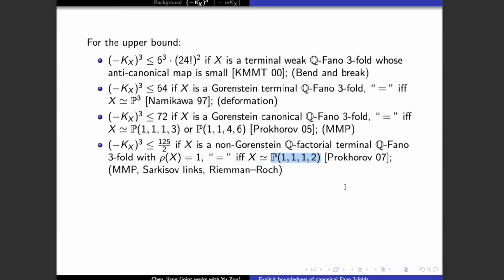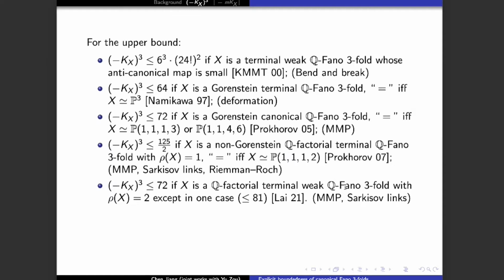Then recently, Qingyuan Lai generalized the Prokhorov result to Picard number 2, and he showed that the upper bound should be 72, except some cases he cannot deal with. So eventually his upper bound is 81, and he also used MMP and Sarkisov links.